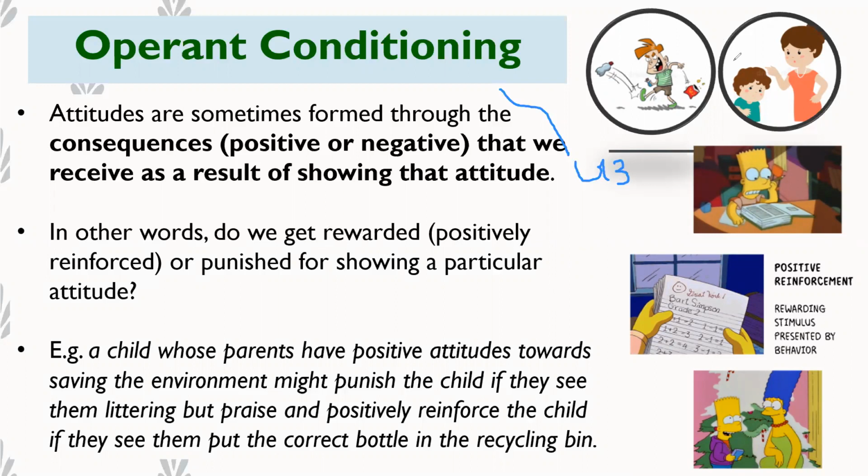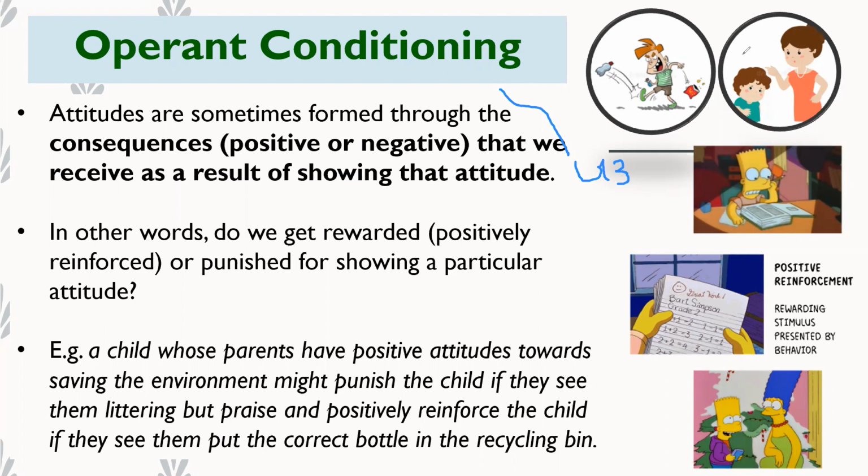Now, in the first example here, if you're a kid and your parents are super passionate about the environment and about keeping clean, and then they see you outside one day just chucking rubbish around, littering, and really enjoying that, you might then get scolded at home by your mum. And your mum might give you a lecture about it and make you feel bad, and you might end up crying, okay?